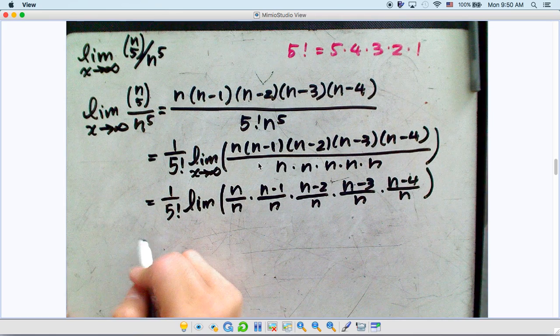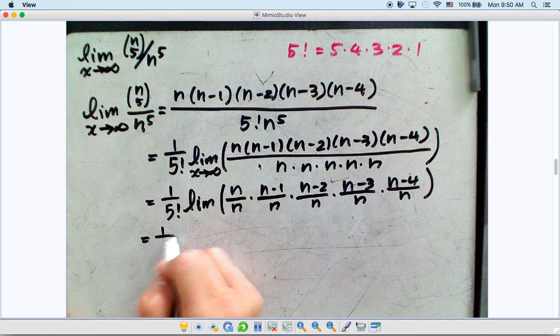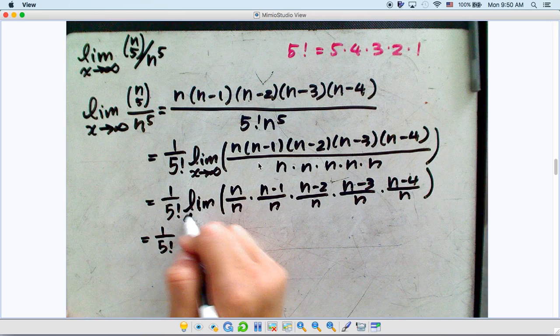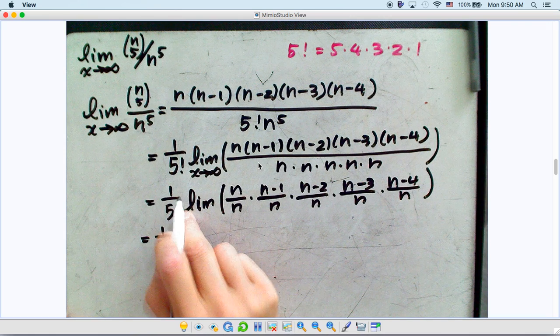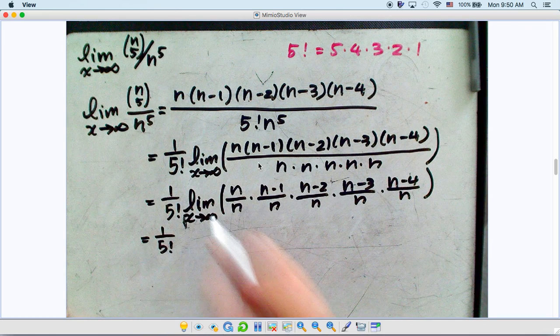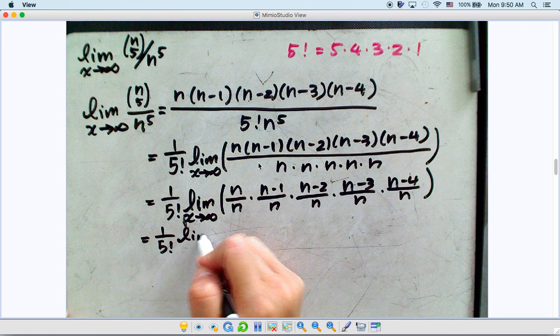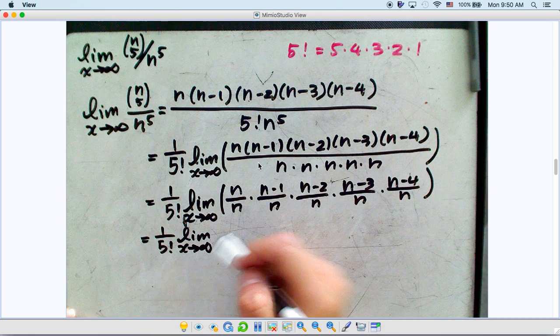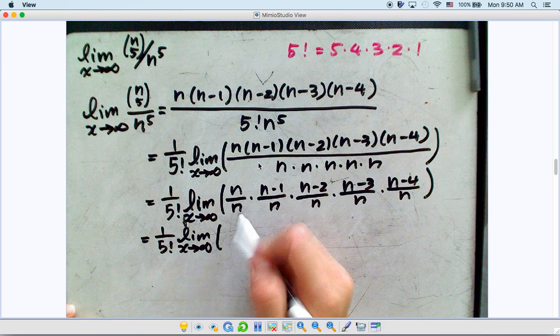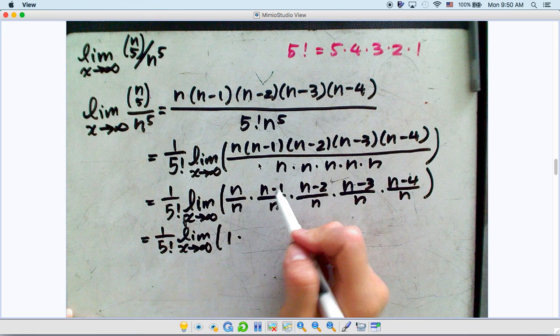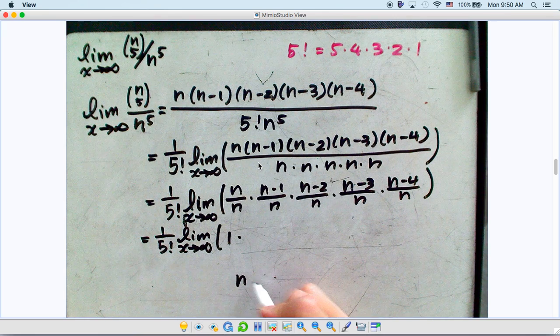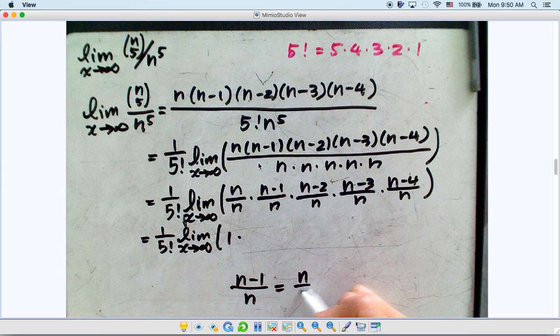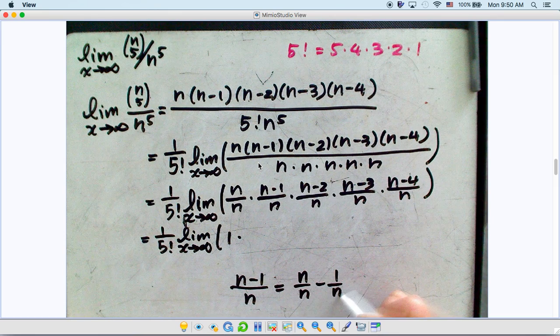So that's going to be equal to 1 over 5 factorial times the limit as n approaches infinity. I keep forgetting about it. n over n is 1, times n minus 1 over n. This equals n over n minus 1 over n, where n over n is 1.